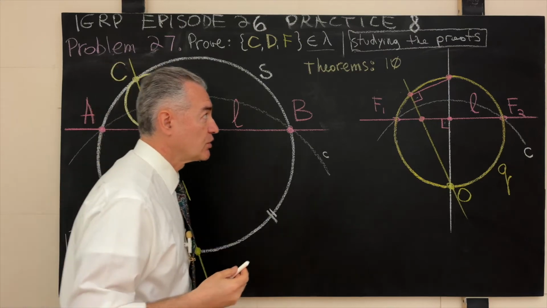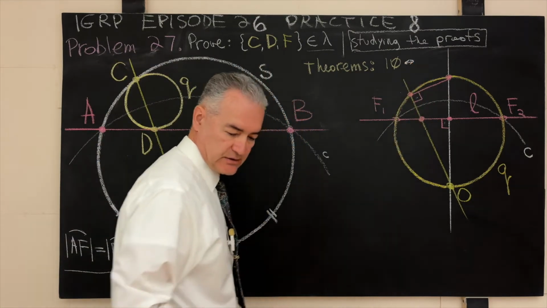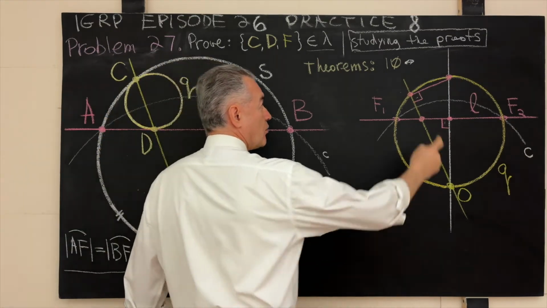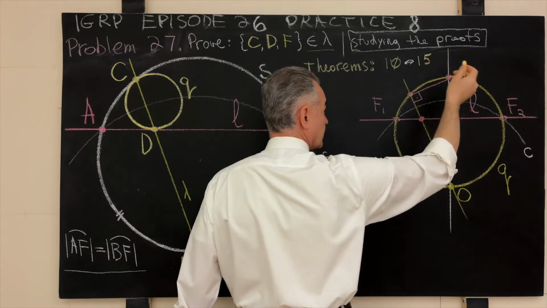And once we do that, we also automatically recall, I will reflect it, let's say in yellow, what was the converse of theorem number 10? It was theorem number 15. Look it up in your records.